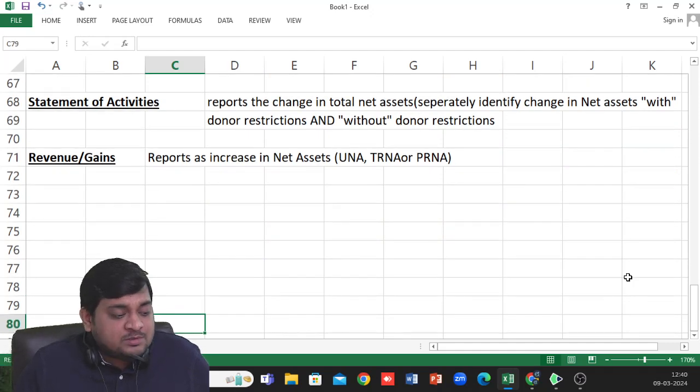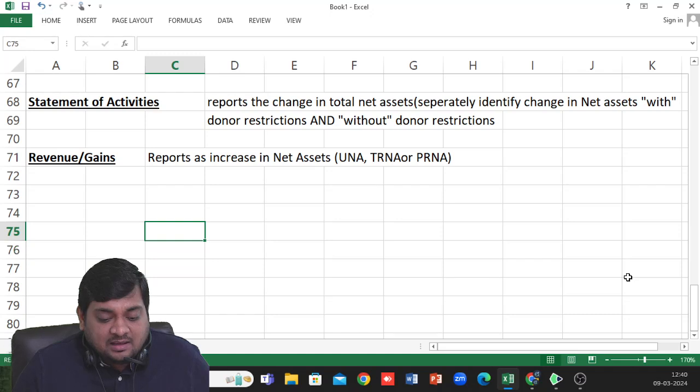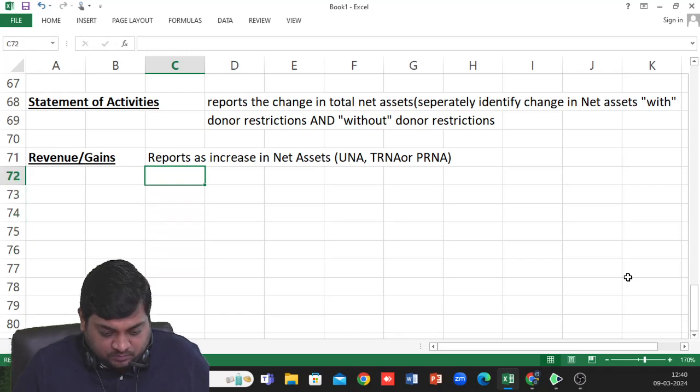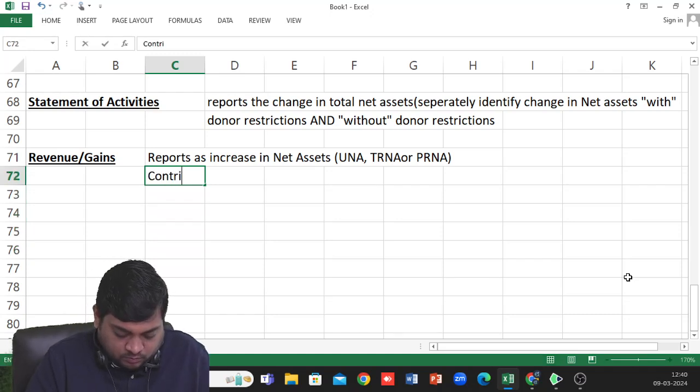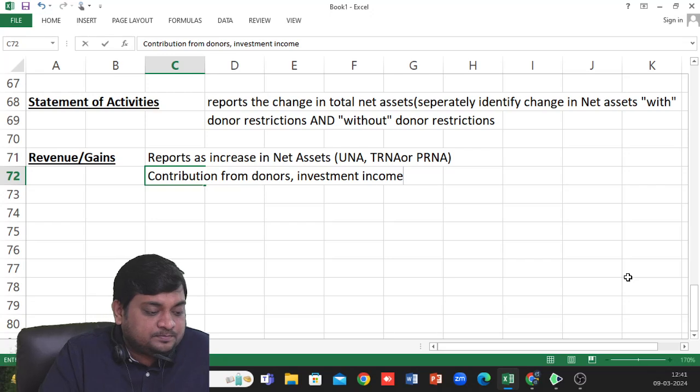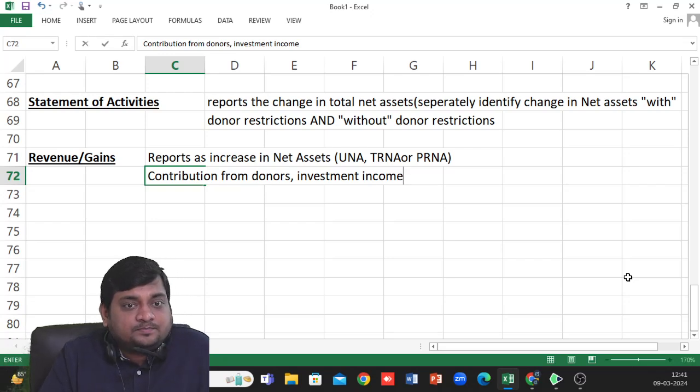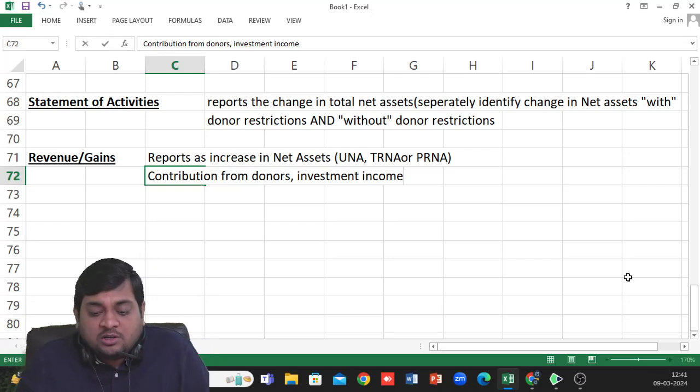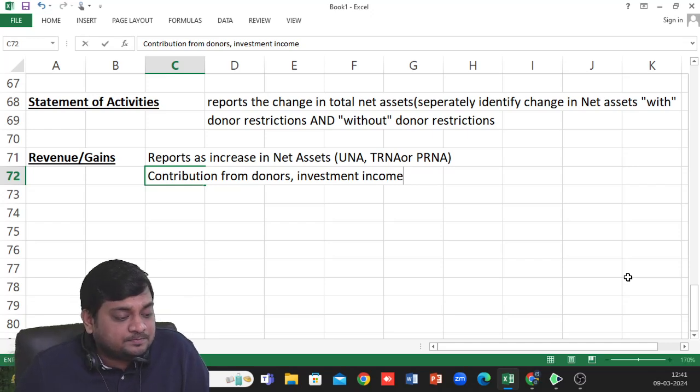Now what comes under revenue? It is contribution from donors, and we have investment income.